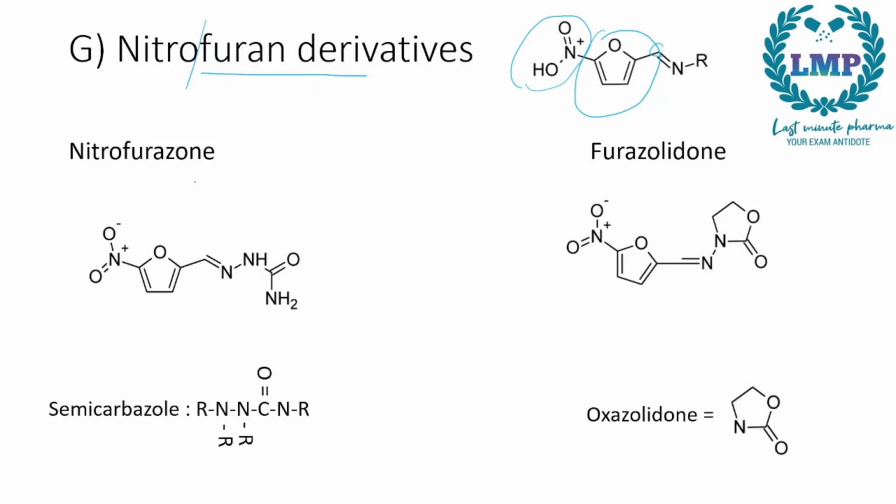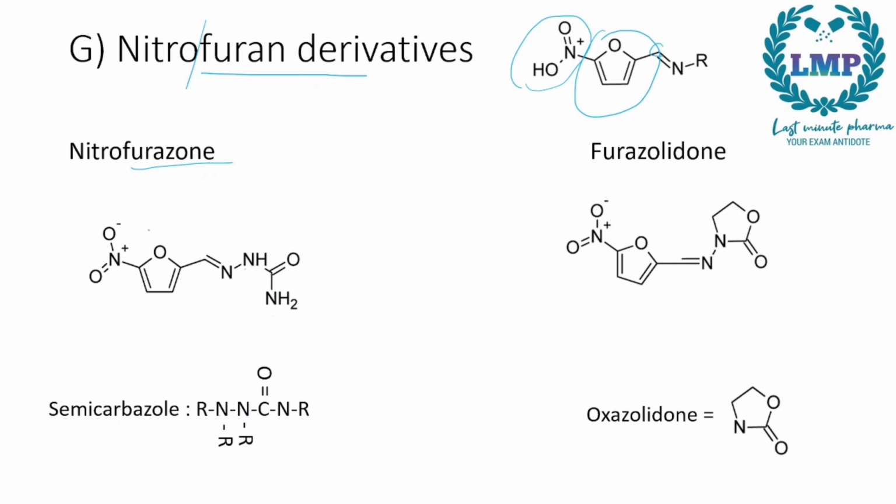So nitrofurazone would be nitrofuran, C attached to a nitrogen with a double bond, and then any R group. This R group over here is NH C double bond O NH2.